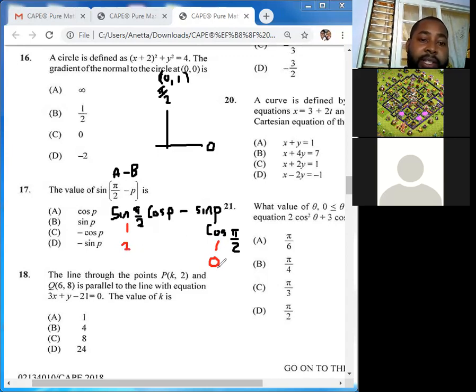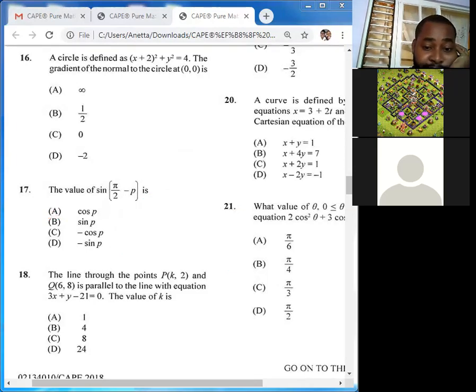So 0 times anything is 0. So 0 times sine B, all that is gone. 1 times cosine B will give me cosine B. So we already said the answer is cosine B, but this is another way to show it. So the answer does end up being cosine B by itself. So you need to remember the double angle formula, you have to.